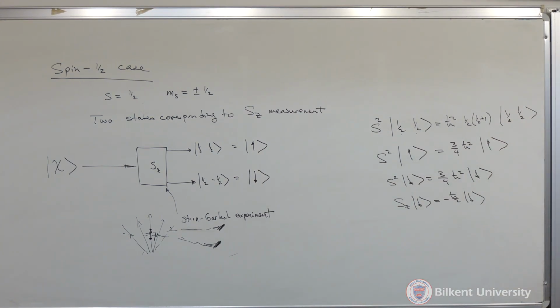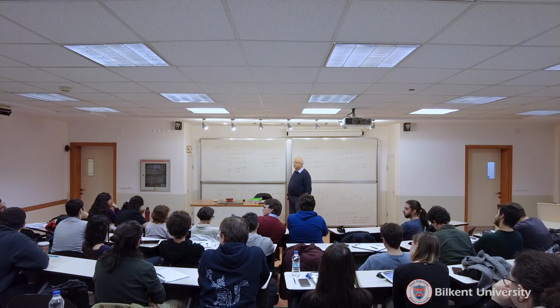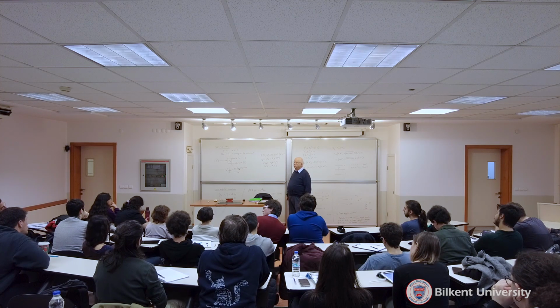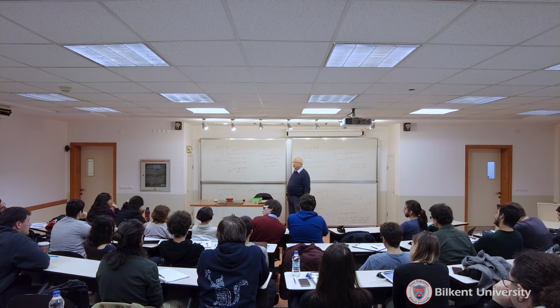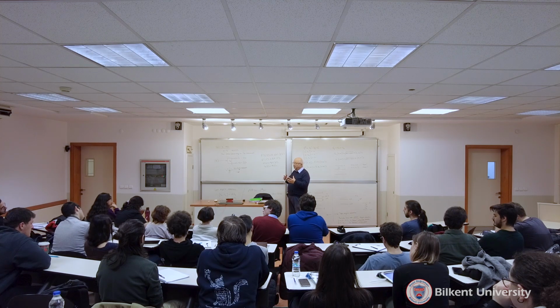Yes? So magnetic moment is only associated with spin, not orbital angular momentum at all? No, orbital angular momentum will also have one, but you have to design your experiment.